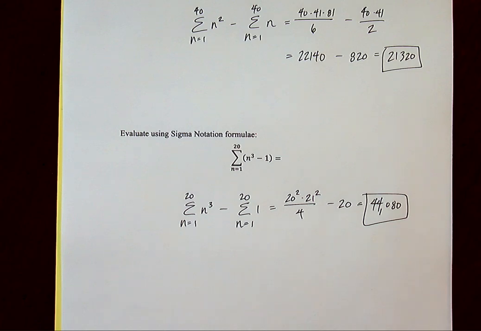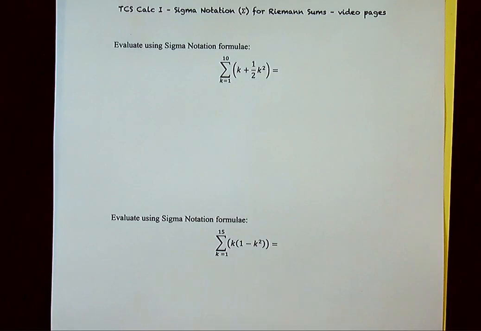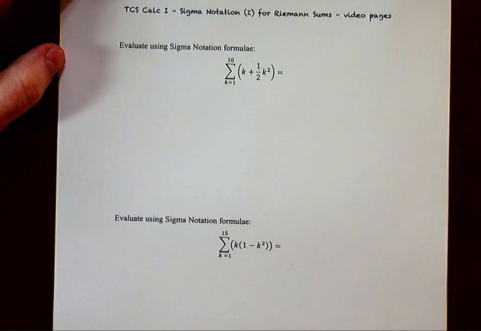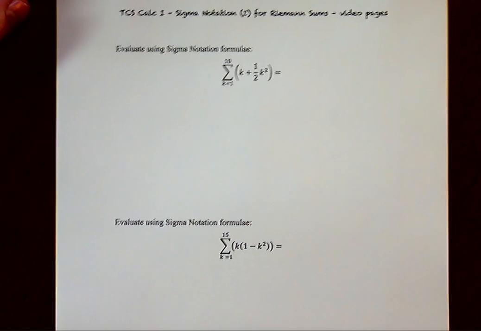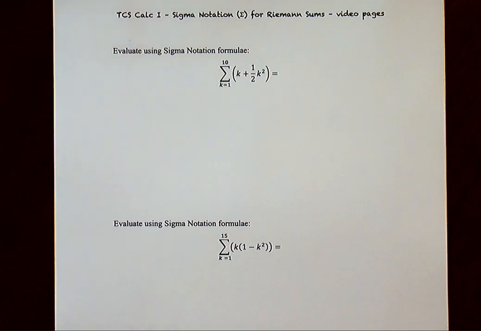Okay. Now, you might be thinking to yourself, well, if I'm going to use my calculator anyway for these larger numbers, then why do I need to know these formulas? Well, just cool your jets. We're going to see here in just a little while, you will need the sigma formulas before long, and it won't be something that you can actually plug into your calculator. But of course, we want to deal with them numerically before we deal with what I referred to in the last video as an indefinite sum, where we don't know the number of terms that we're adding up.